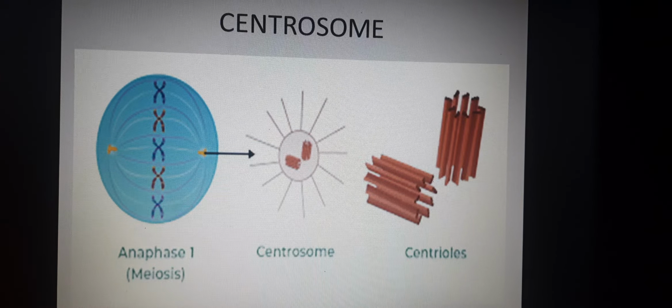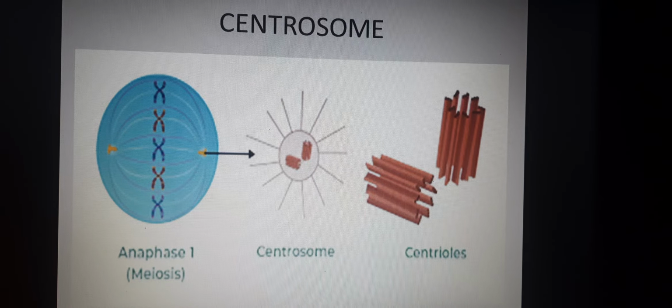Next, this is the centrosome. So centrosome, as I have explained, and centrioles, these centrioles are stacks of thread-like structures, and the centrosome helps at the time of cell division.